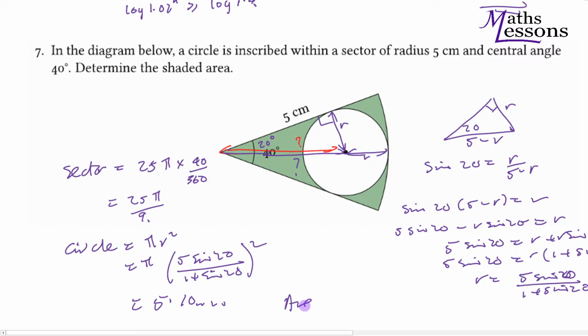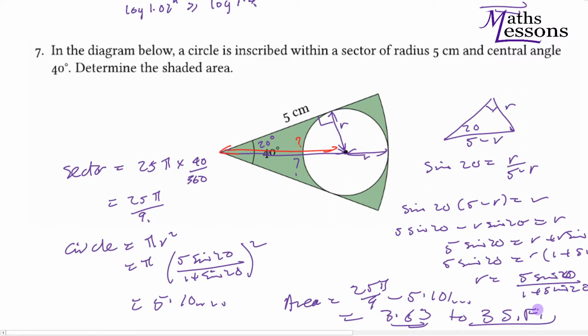So the area we want will equal 25 pi over 9 minus 5.101 and all the rest. And that comes out to be 3.6323 to 5 significant figures.